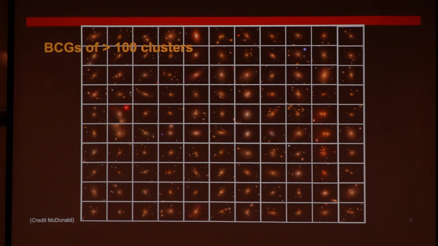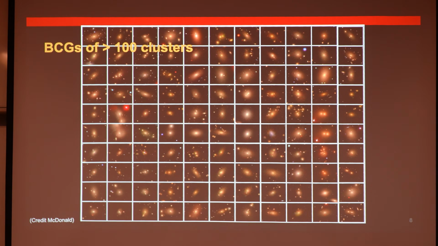Okay, so I'll give you an example of what a BCG looks like, if you like to look at a lot of images. So here is an example of more than 100 different clusters, and each one of these is a BCG. And as you can see, almost all of them look like a dead elliptical galaxy without a large amount of star formation.